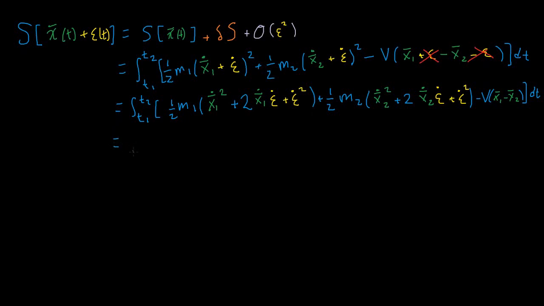So I'm going to rearrange the previous line to be the integral from t1 to t2 of 1/2 m1 times x1 bar dot squared plus 1/2 m2 times x2 bar dot squared minus v of x1 bar minus x2 bar.